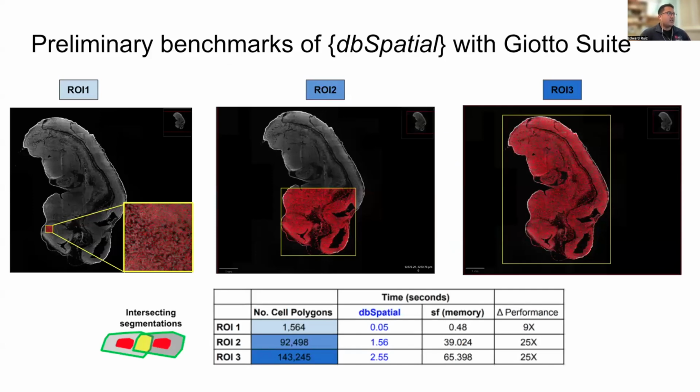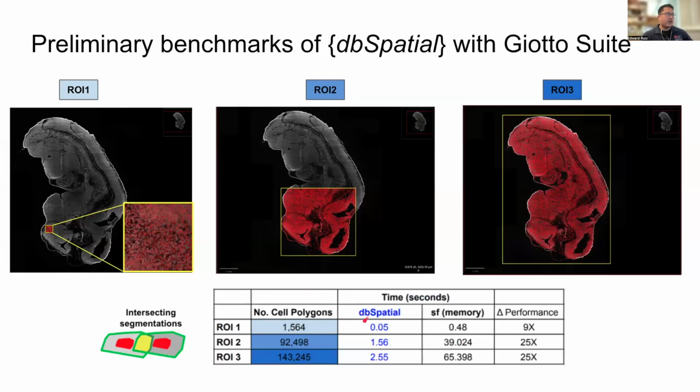I've also conducted some preliminary benchmarks of DB Spatial, which again is our scalable approach to doing operations on spatial data in a DuckDB database within Giotto Suite. Here I'm showing three different regions of interest of increasing size that have an increasing number of cell polygons. We're doing a simulation on intersecting polygons that were generated from different segmentation algorithms for the same number of cells for each of these ROIs.